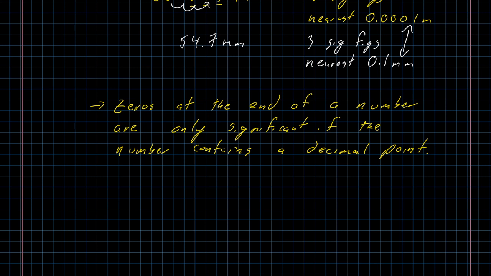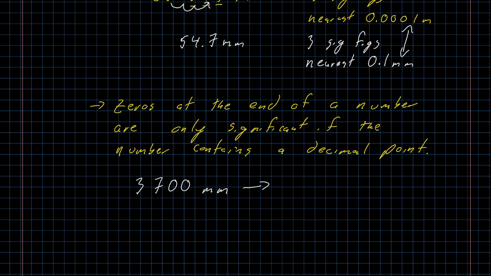Zeros at the end of a number are only significant if the number contains a decimal point. Thinking about kind of the same logic we were just looking at, if I have something ridiculously large in millimeters, 3,700 millimeters, there are 2 zeros at the end of this number, but the number does not contain a decimal point.